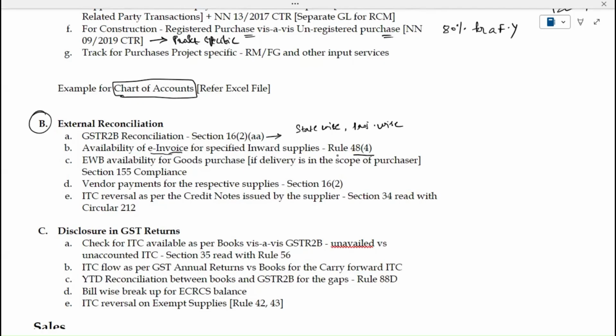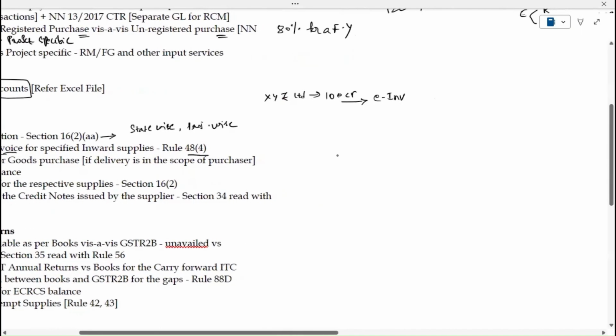Say XYZ Limited has a turnover of 100 crore. By default, this entity should give an e-invoice. The moment I say e-invoice, this will have a QR code. This will also have an IRN, which is 54 digits in length, printed on an invoice.